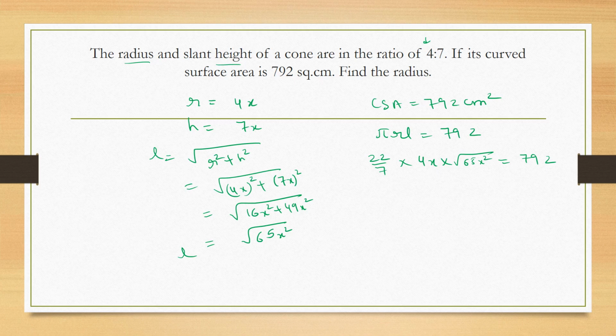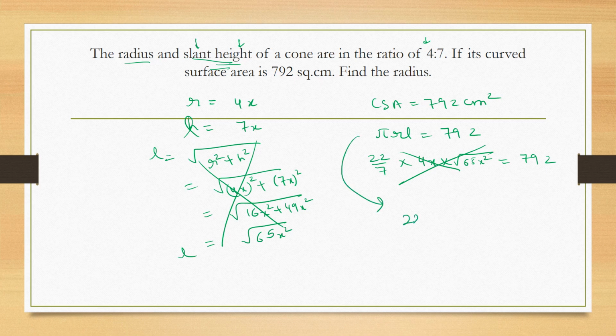Now I got it wrong. Why? Because height is not 7x, slant height is 7x. So we don't need to do this. L is directly 7x.